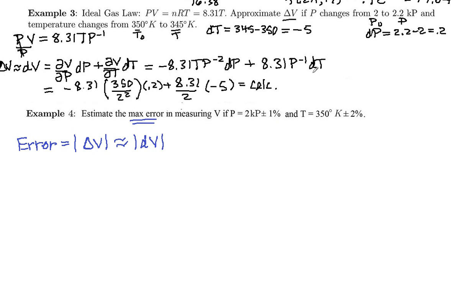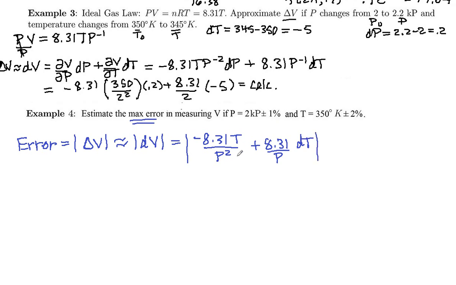It's right here. So we can put that expression inside the absolute values. So this will be negative 8.31 times T, and then I'm going to divide by P squared. So instead of using a negative exponent, and then plus 8.31 divided by P. So again, bring this down as a positive, and then dT.